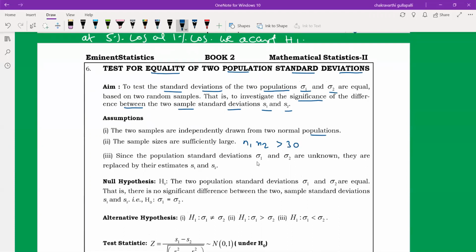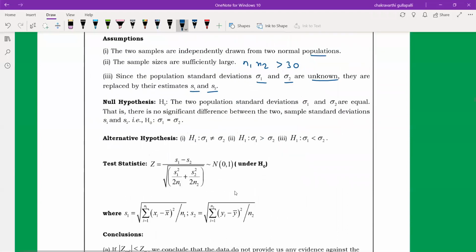Since the population standard deviations sigma 1 and sigma 2 are unknown, they are replaced by their estimates S1 and S2. Null hypothesis: there is no significant difference between the two population standard deviations, or the two population standard deviations sigma 1 and sigma 2 are equal.